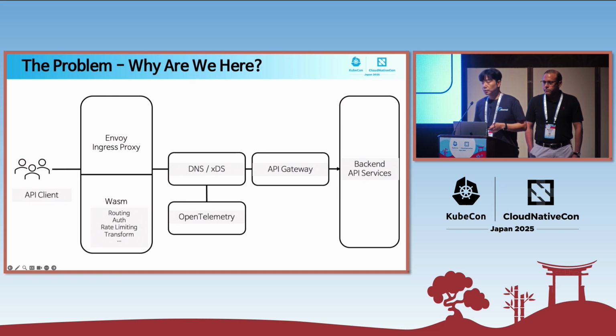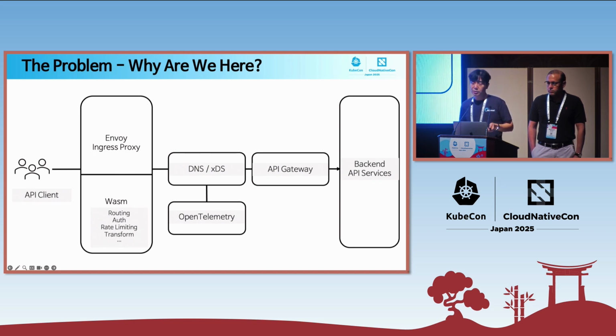Finally, the API request will go through this logic and reach the API gateway in front of the backend API service. They can be in the same Kubernetes cluster, or in a multi-cloud environment using different cloud service providers.